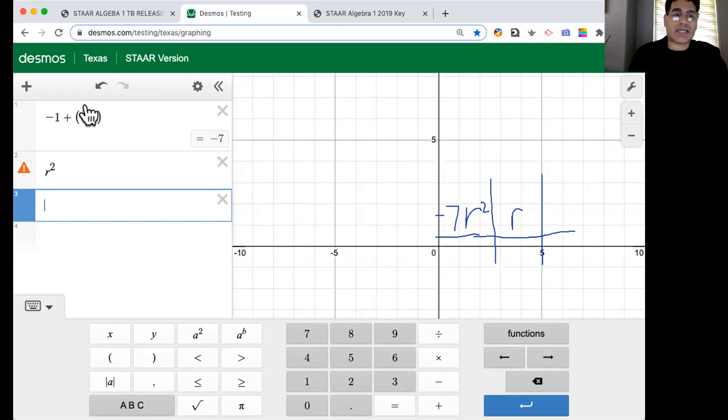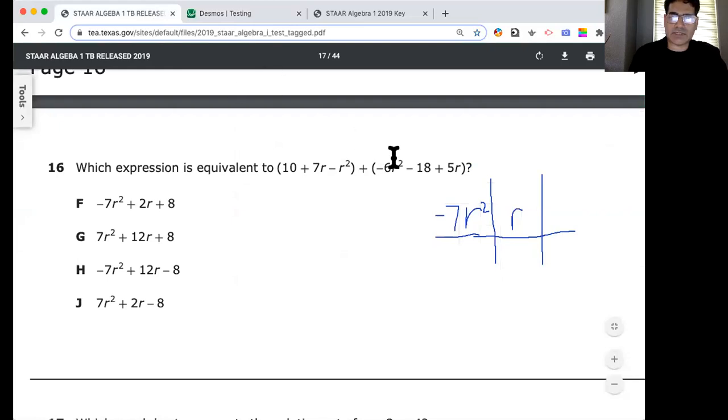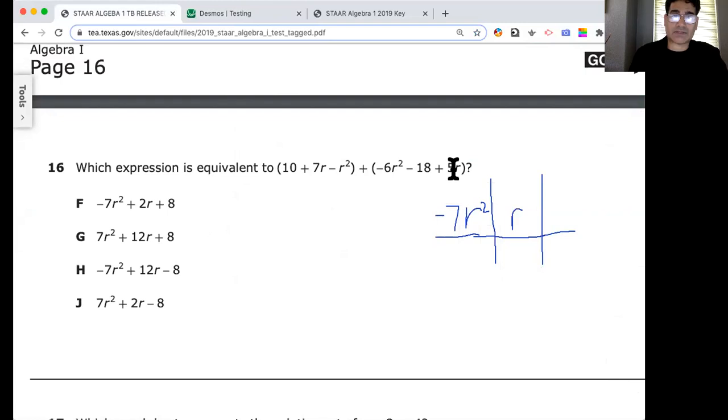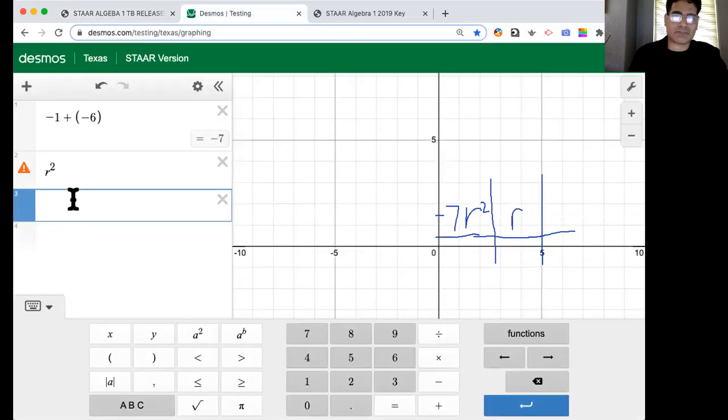Okay, and let's look at the next ones, the R's, and we have how many R's here? On this side, we have 7 R's and 5 R's. So let's go to Desmos, and we have 7 R's, and we're going to add 5 R's. Is that correct?